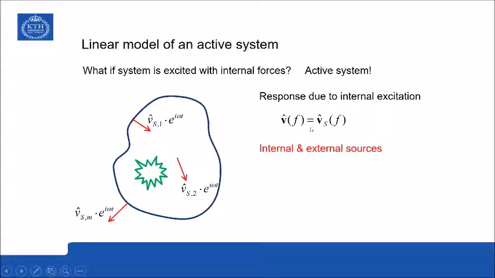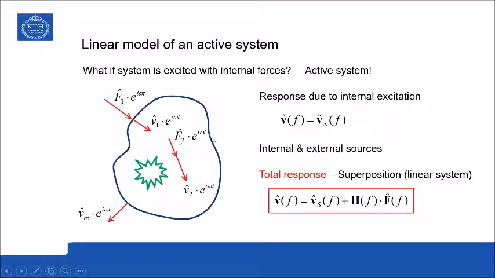Now, if we consider the case that we have both internal and external sources at the same time, what will then become the total response? So now we add the external excitation, F1 and F2 in this case. So the total response in this case is, since we have a linear system, obtained by superposition.